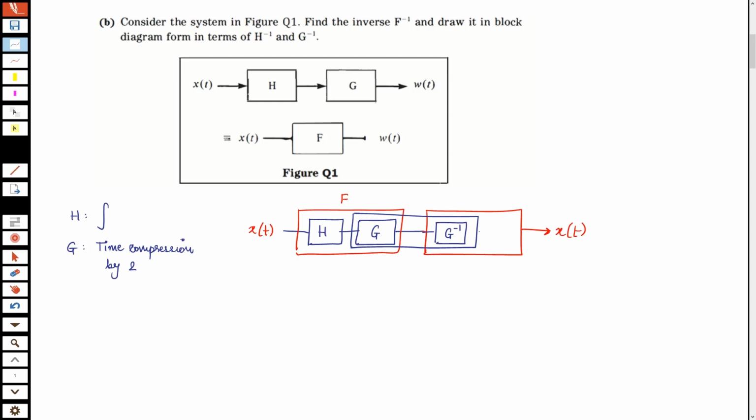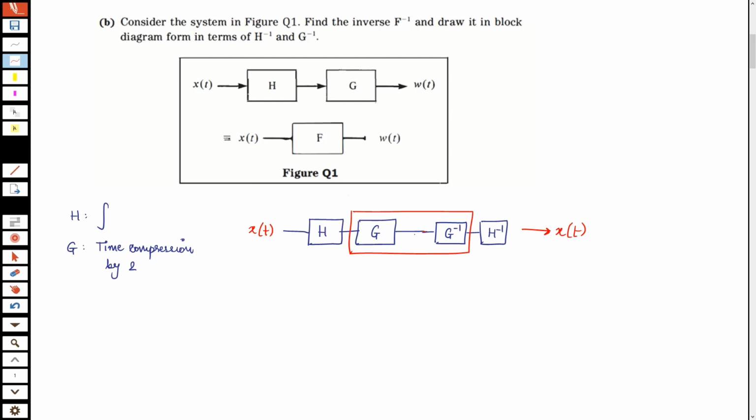And now we need something that cancels the effect of the system H. That means we need H inverse. So if you look at it in a smaller frame, just this in itself is an identity system. So whatever comes in, the same thing comes out.